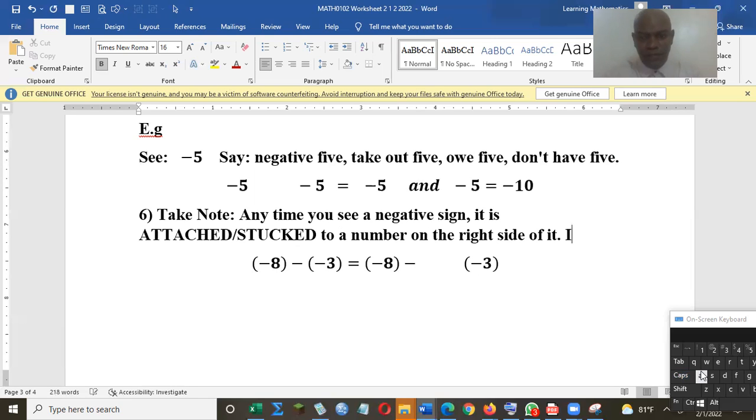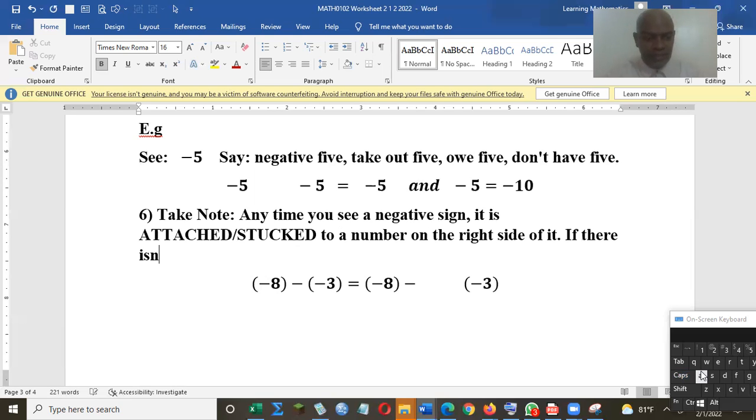If there isn't any visible number, then there is an invisible one. There's an invisible one.